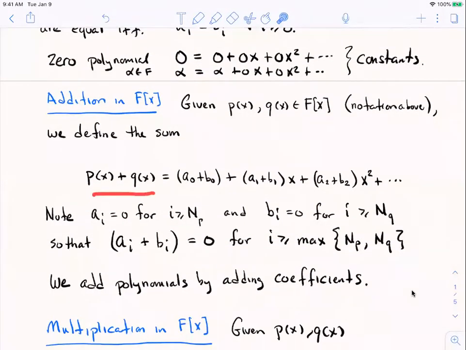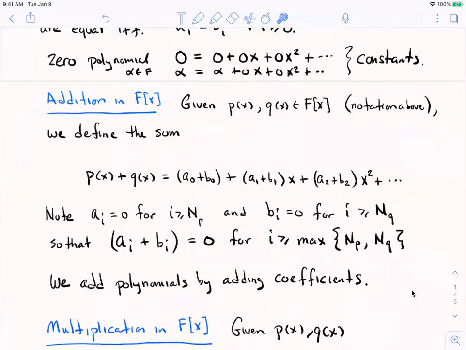So how do we add them? Well, just like you learned in high school, you add polynomials by gathering like terms. So you add the constant term, you add the coefficients of x squared, and so on. That produces a polynomial because if both p and q have all but finitely many coefficients that are 0, eventually out here in the list, you're just going to be adding 0 plus 0, 0 plus 0, 0 plus 0.